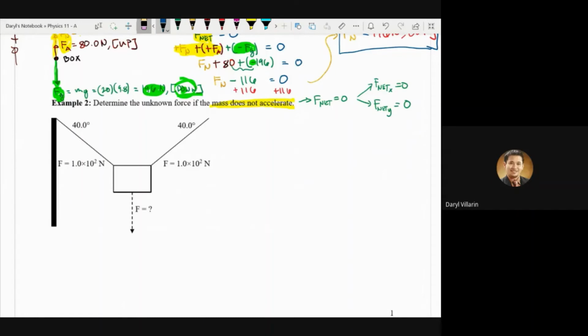So I will have my object, this one here. Okay, so now what are the forces acting on the object?